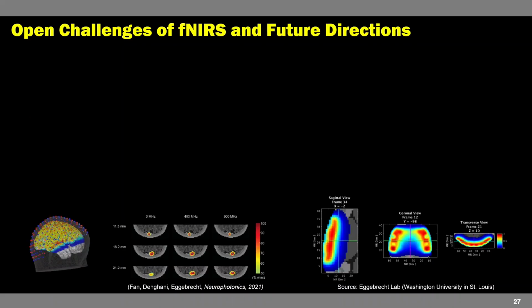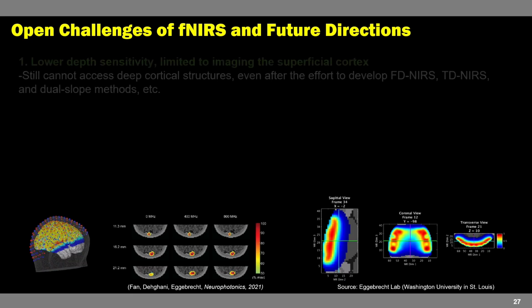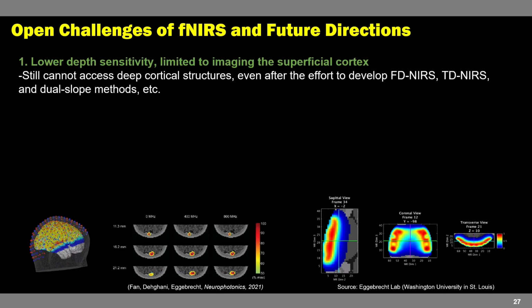And for the last part, we still have so many issues, and we are waiting for future directions. For example, fNIRS always struggles with deeper sensitivity. Recently, we also developed several different kinds of methods to do that. It's also cool to dig into deeper structures, so we can see how deep we can go with this modality.